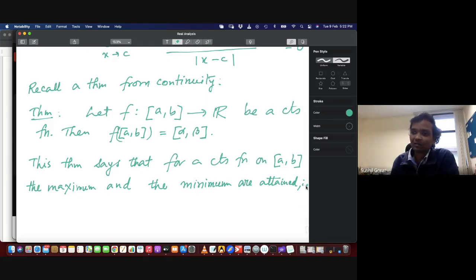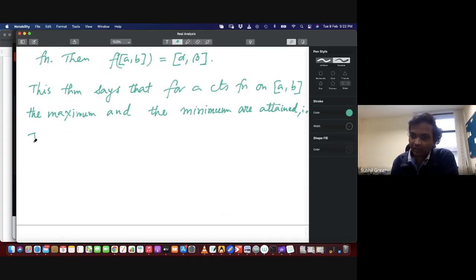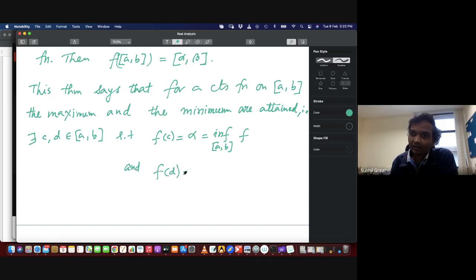That is, there exist c, d in [a,b] such that f(c) will be alpha, which is the infimum over [a,b] of f, and f(d) will be beta, which is the supremum over [a,b] of f(x).